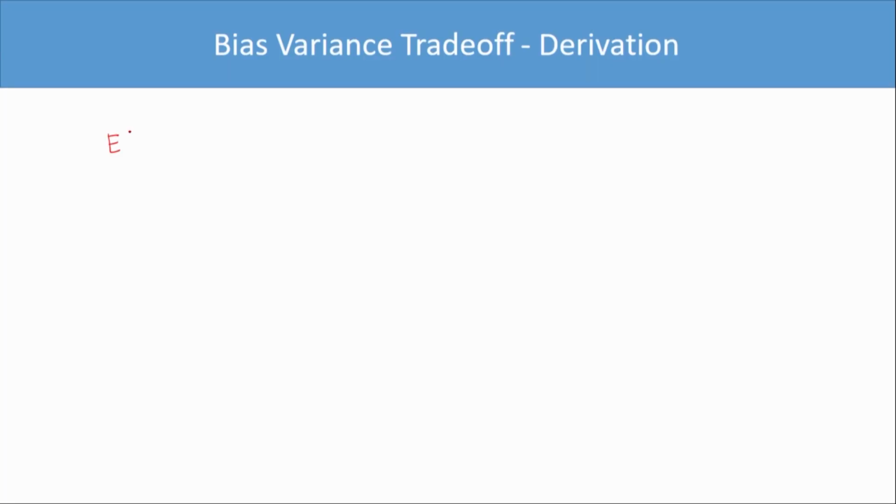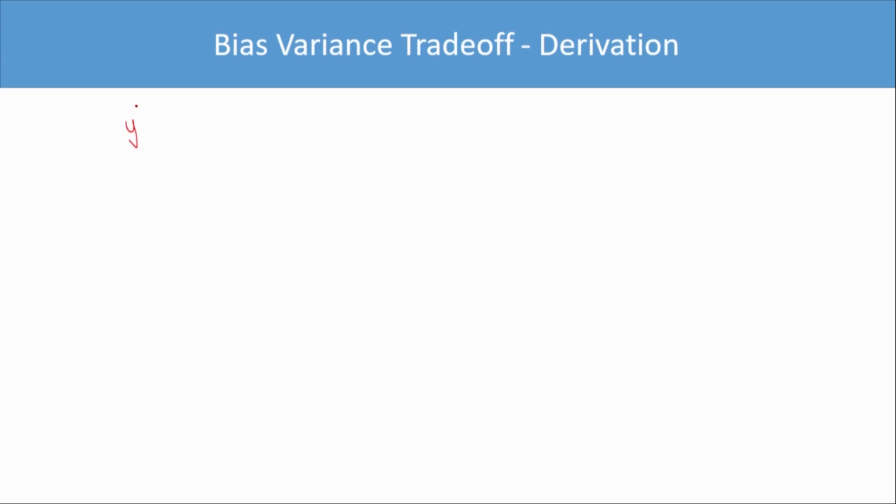Okay, so now we'll try to derive the bias variance trade-off as a sum of 3 different terms which are useful for us. Let me put down the assumptions clearly.